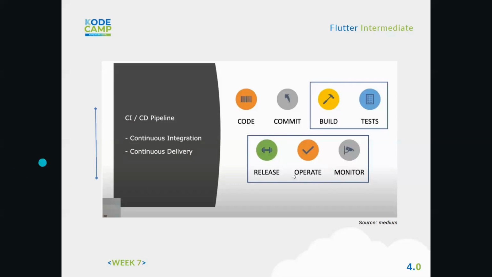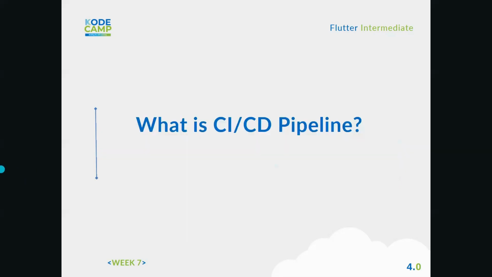Okay, so let's move on. What is a CI/CD pipeline? A CI/CD pipeline is just a set of automated processes and tools that enables developers to integrate code changes, to test them, and to deploy the application consistently and efficiently. So it's a continuous process, right?